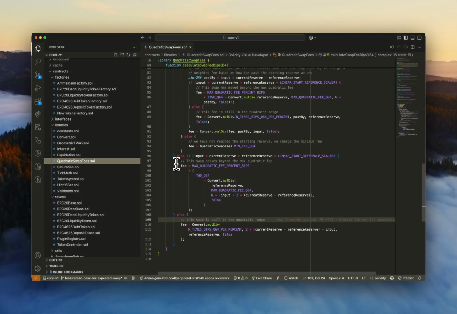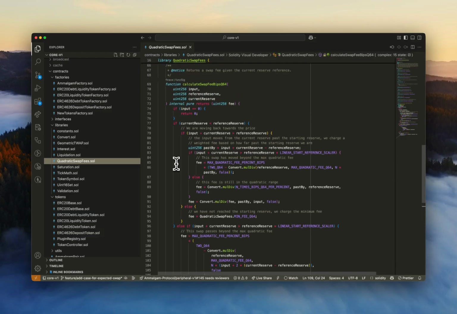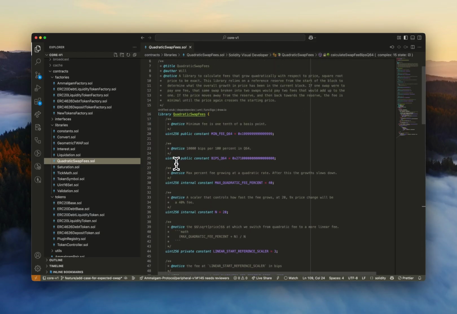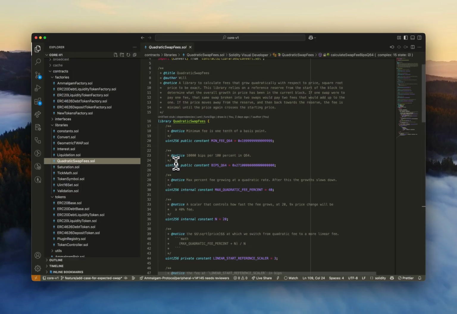Quadratic swap is not a lot of code, but very dense as far as the complexity. What this does is it creates a variable swap fee. So the swap fee is not fixed as in most protocols.